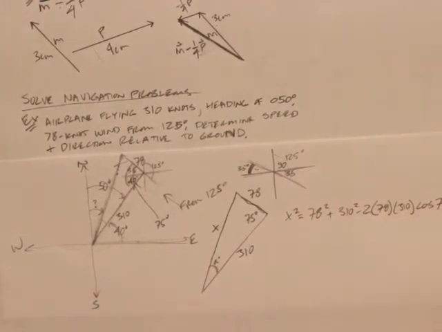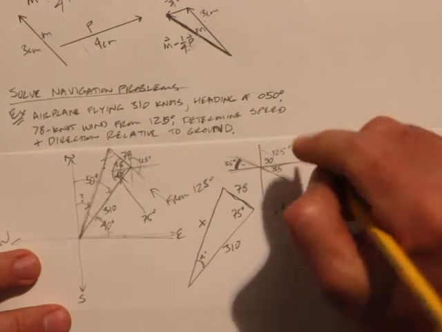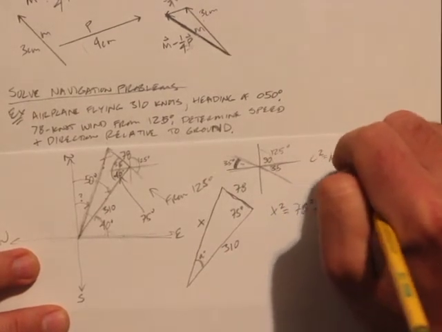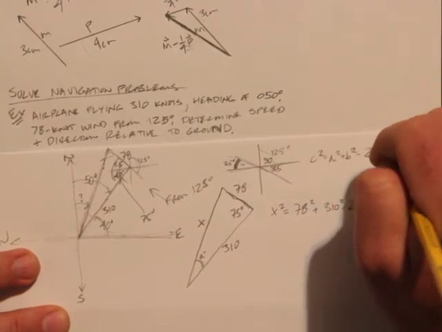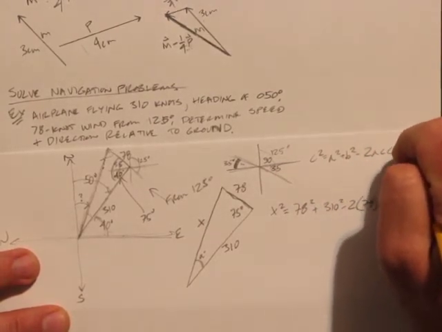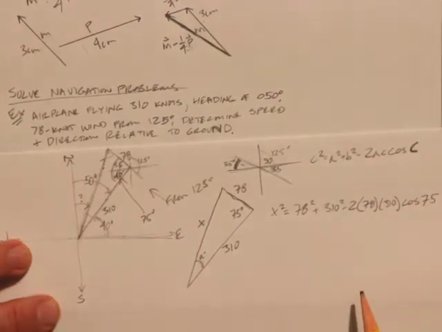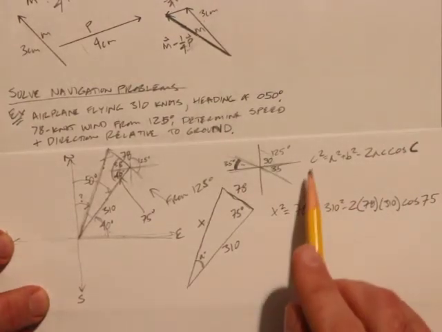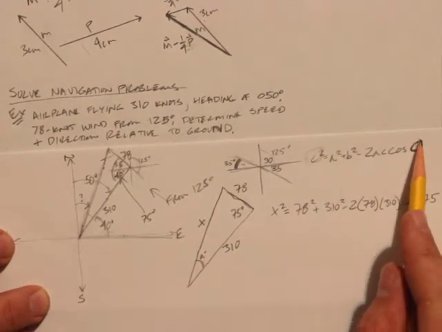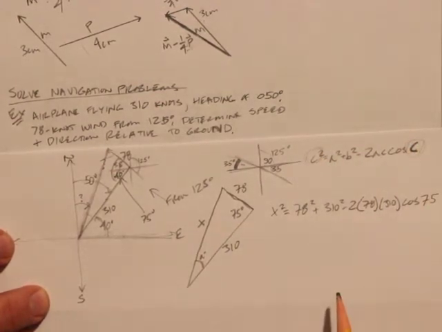If you remember, the law of cosines is c squared equals a squared plus b squared minus 2ab times the cosine of angle C, where C is the side that's across from the angle.